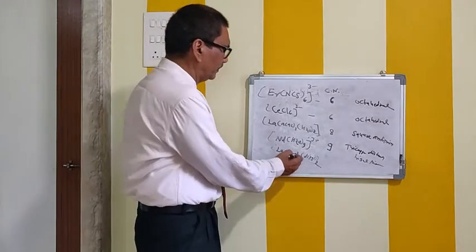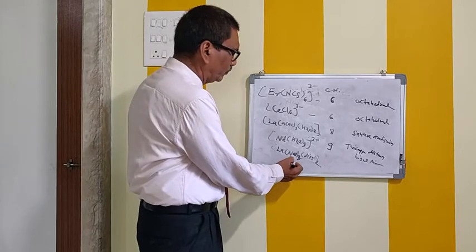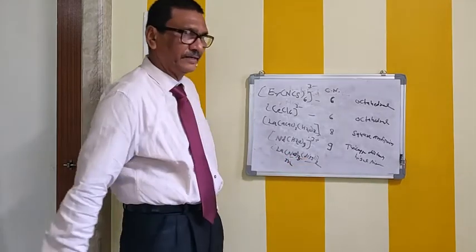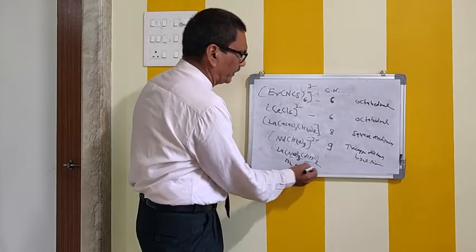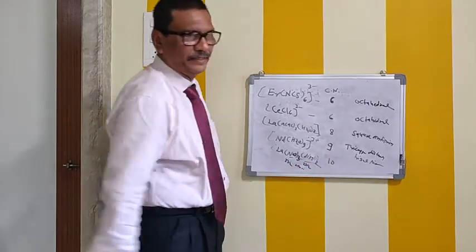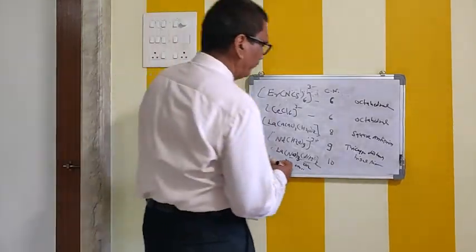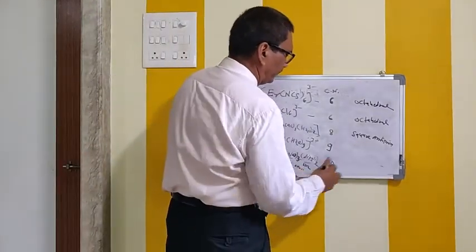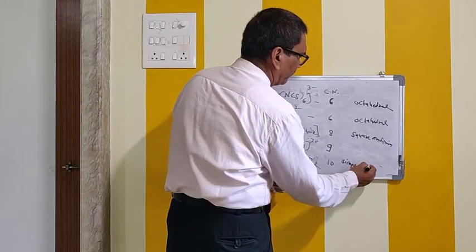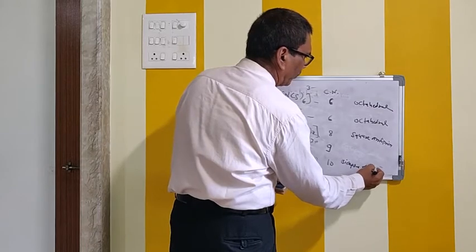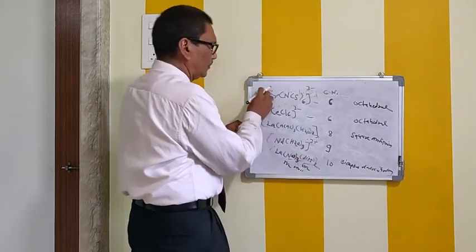But coordination number is based upon the nature of the ligand. So nitrate ions have 3 into 2, 6, and dipyridyl are bidentate ligands. So dipyridyl is 2 into 2. So 6 plus 4, that is 10. So coordination number is 10 in this case. And the geometry in case of coordination number 10 is bicapped dodecahedron. Bicapped dodecahedron, that is the geometry.